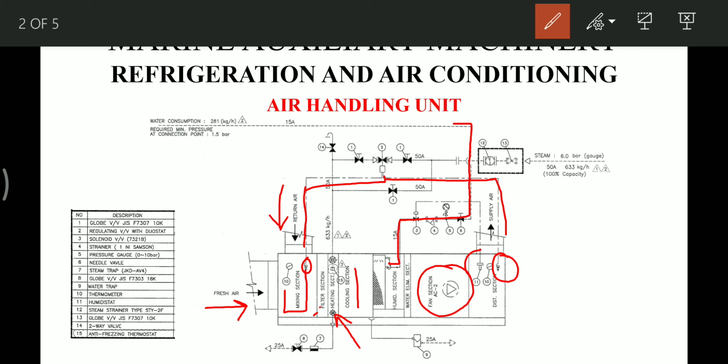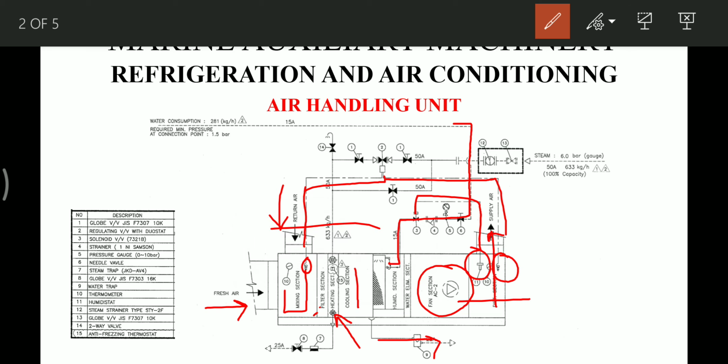Like we have this humidity sensor, it senses and this operates this valve which controls the amount of water to be sprayed and to maintain the humidity. Then we have water elimination section, that the extra water is eliminated and it is drained outside. This full air is taken by this fan and it is supplied to the accommodation in this way.